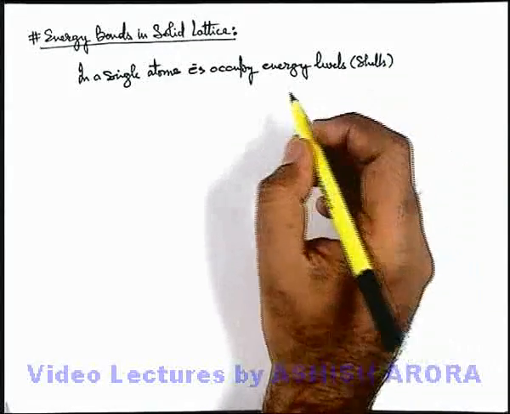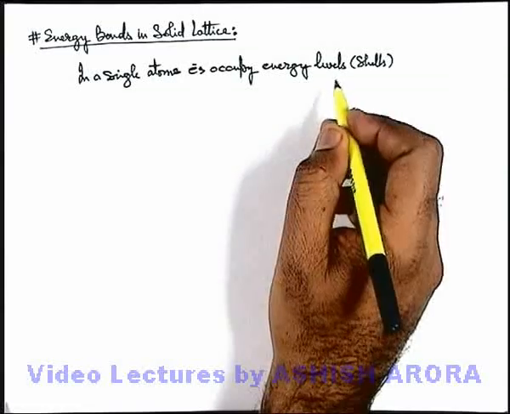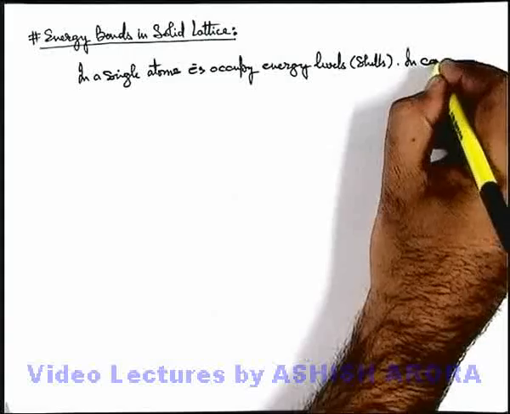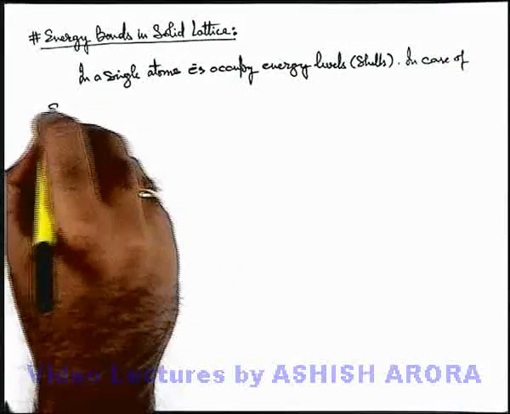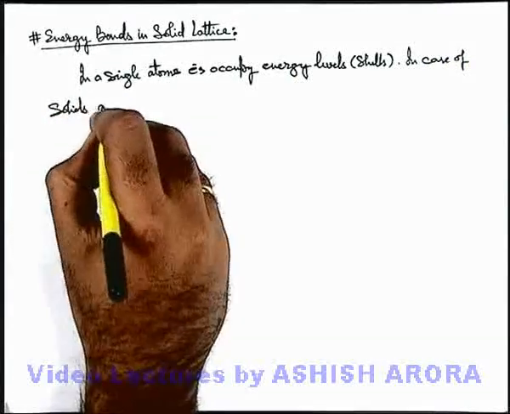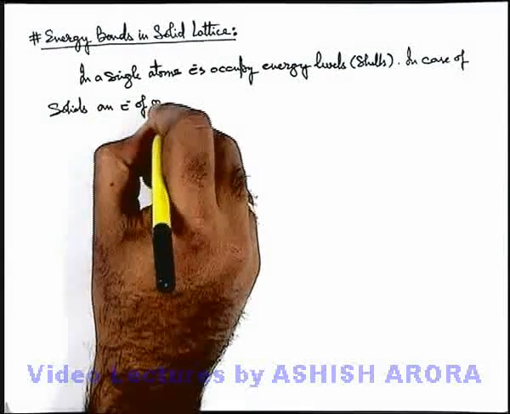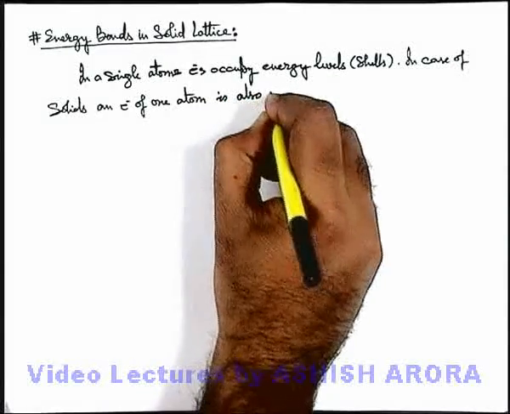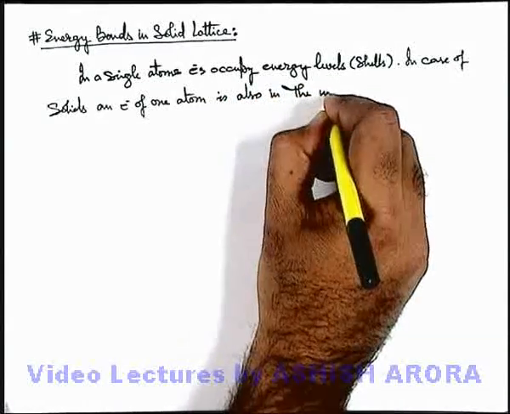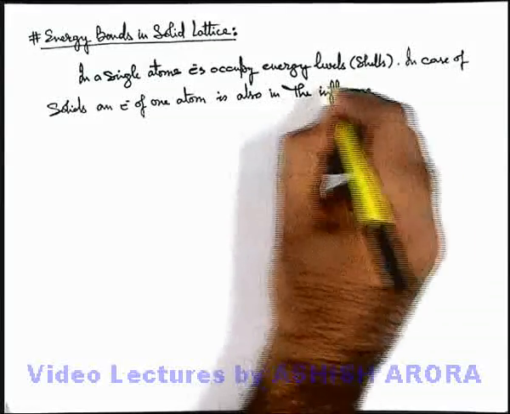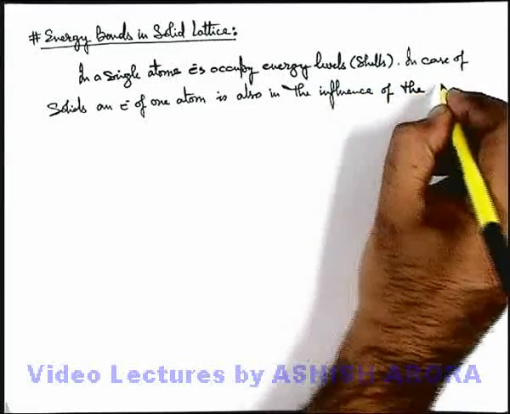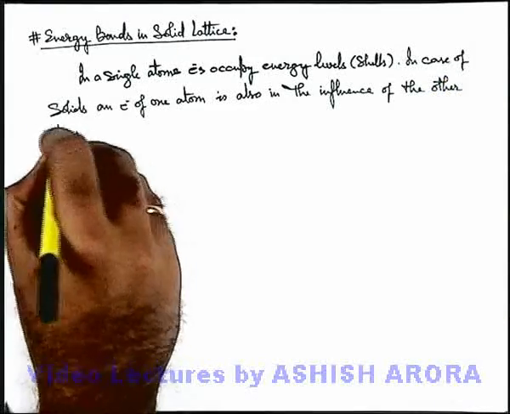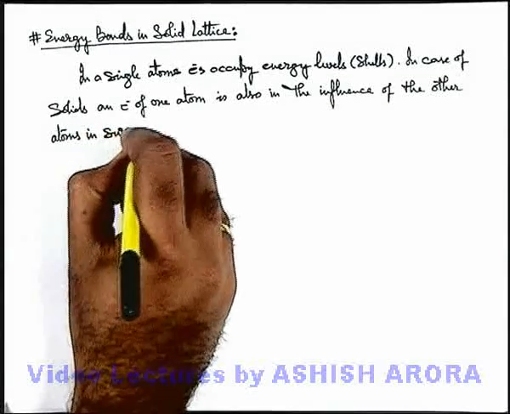In different shells, electrons are filled in the surrounding of a single atomic nucleus, and we can write that in case of solids, an electron of one atom is also in the influence of the other atoms in the surrounding.